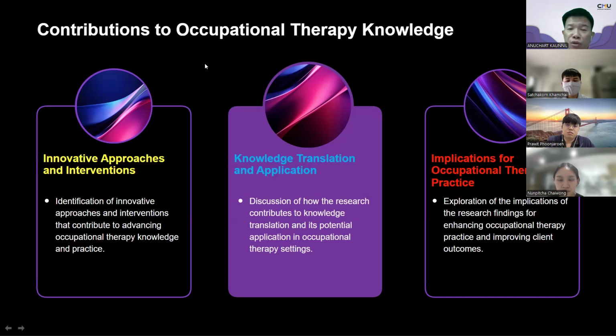They will use your research as one of the articles in the systematic review. This is knowledge transfer or knowledge translation. Discuss how research contributes to knowledge translation and its potential for application in OT settings.